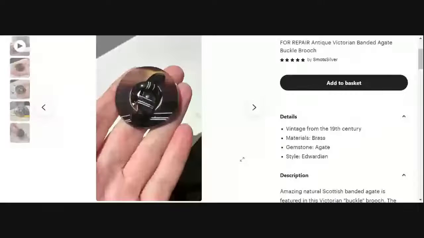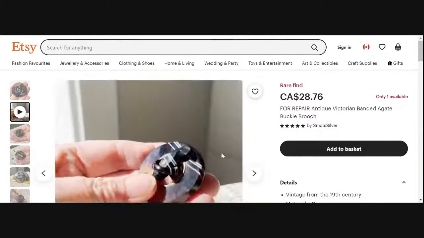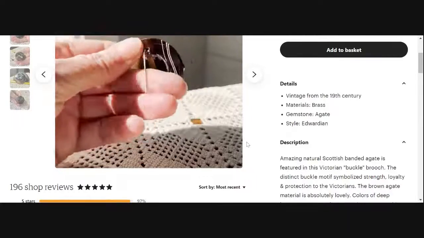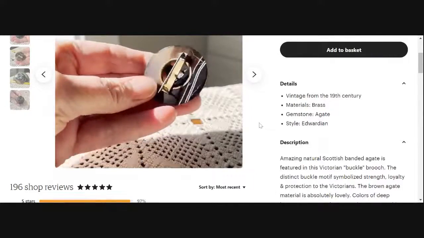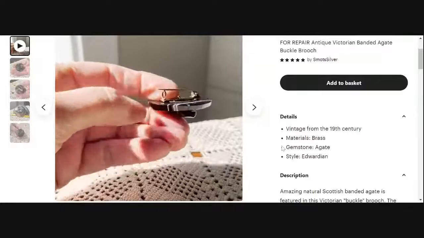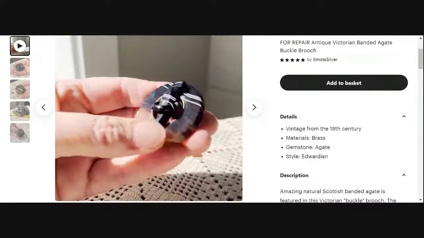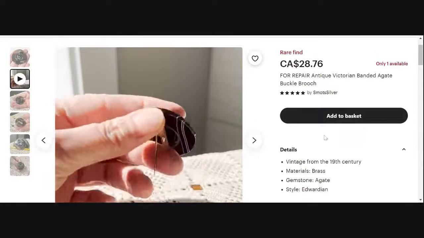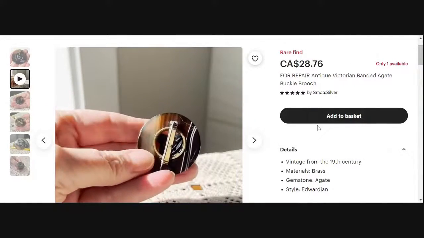Here we have it. Okay. We will go back to the video so that they show us the looseness again for $28, after seeing that last one for 7 times that, almost 8 times that. This doesn't seem like a bad deal. Still available. Add it to your basket, friends.